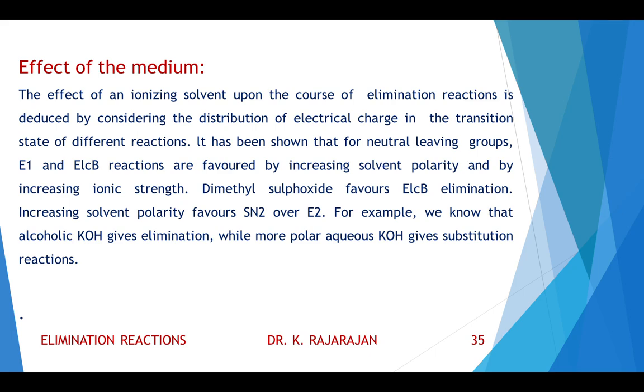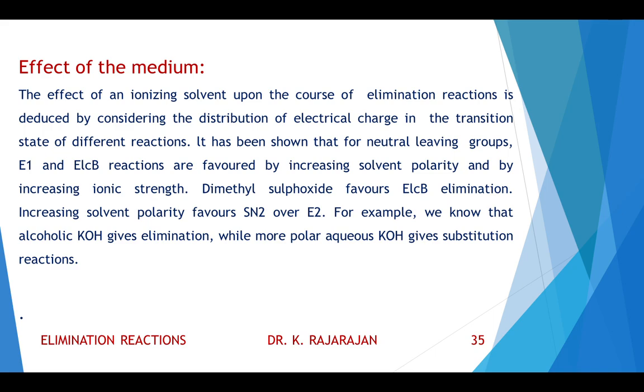Now let's talk about the effect of the medium. The effect of an ionizing solvent upon the course of elimination reactions is deduced by considering the distribution of electrical charge in the transition state of different reactions. It has been shown that for neutral leaving groups, E1 and E1CB reactions are favored by increasing solvent polarity and by increasing ionic strength.